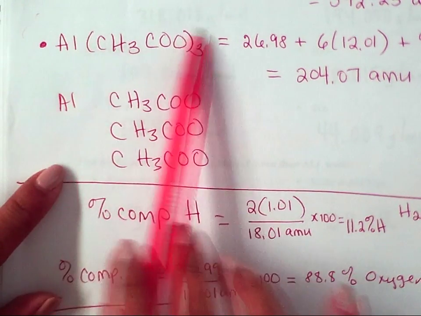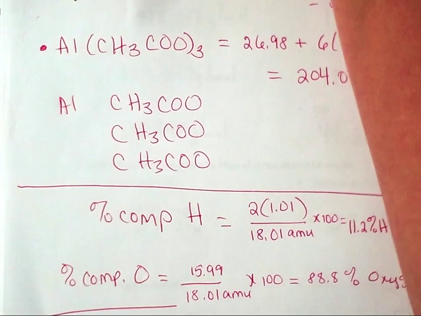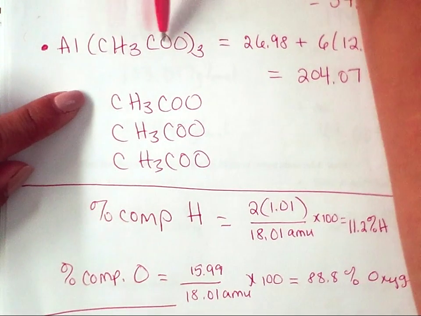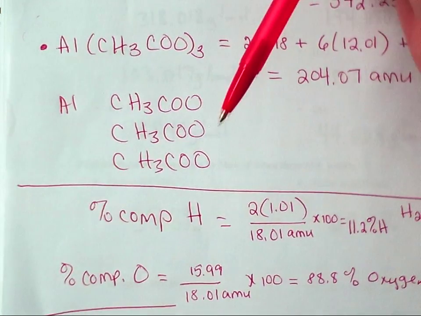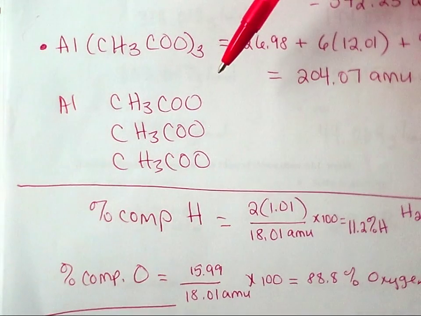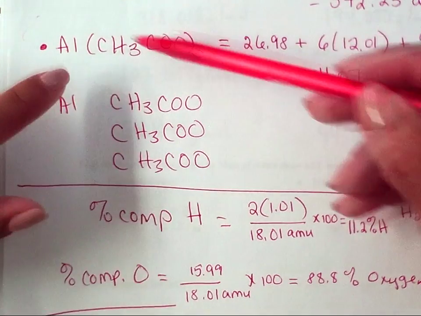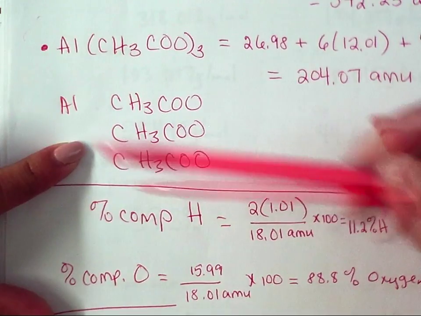So if you have something this complicated, how many carbons do I have? And don't forget that there's carbon in 2 different locations here. But there's also a parentheses of 3 around it. So how many carbons do I have? 6, okay? And if you don't believe me, look down here. 1, 2, 3, 4, 5, 6.